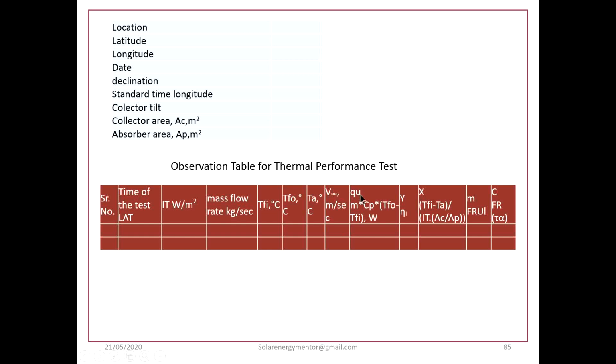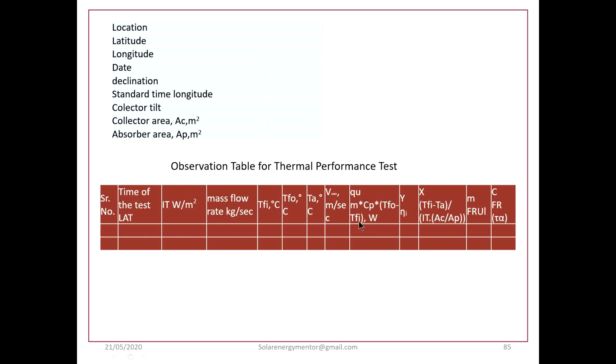Then the useful heat gain rate we can calculate as m Cp (TFO minus TFI). m Cp is known; Cp of the fluid can be read from the data tables, and TFI and TFO are known. So QU can be found out. Now efficiency can be determined using the expression m dot Cp (TFO minus TFI) by IT AC.